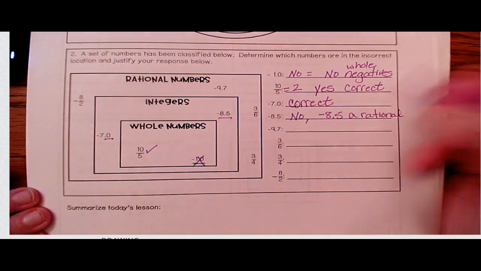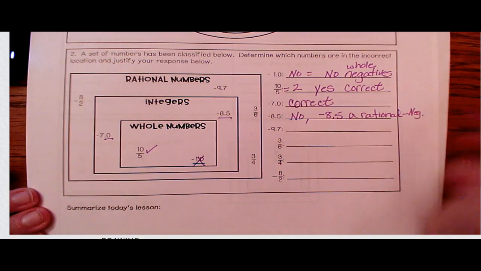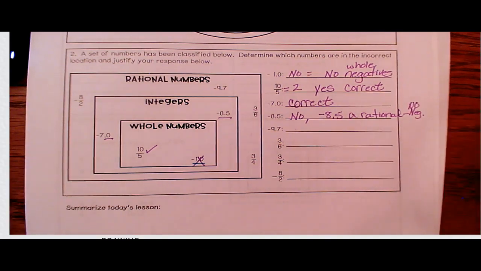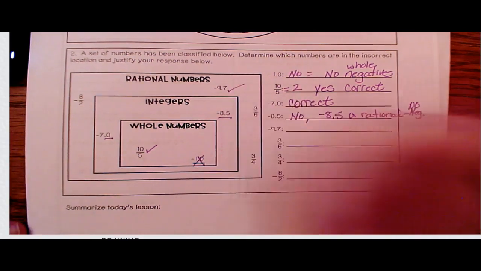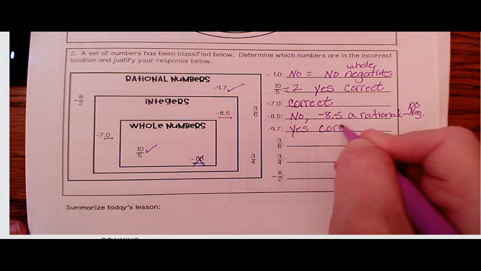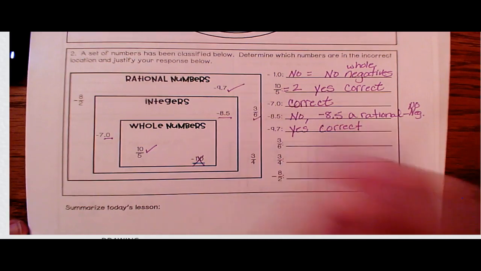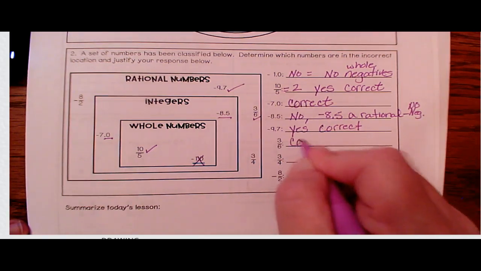It cannot have decimals in your integers. Negative 9.7. That is correct. 3/6. They have it in the rationals. That is correct.